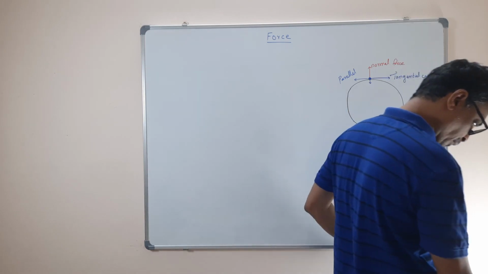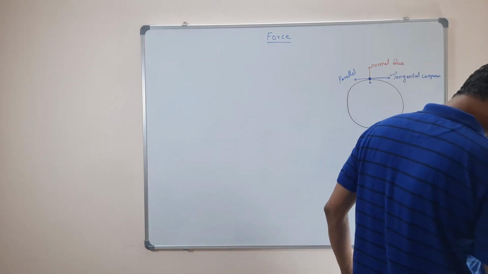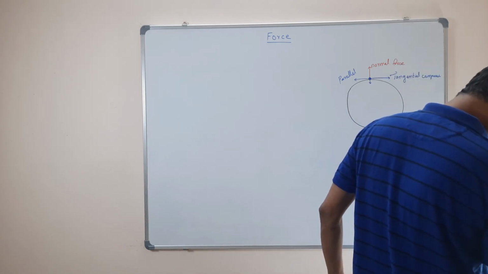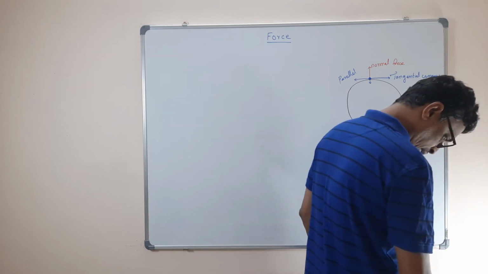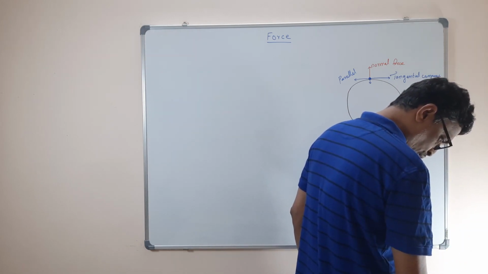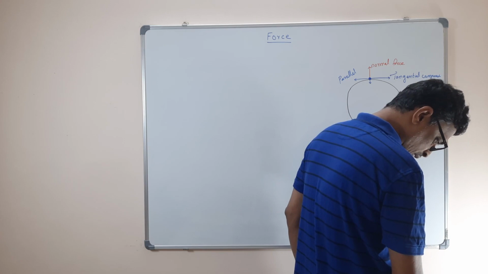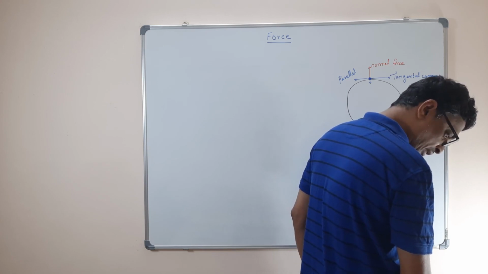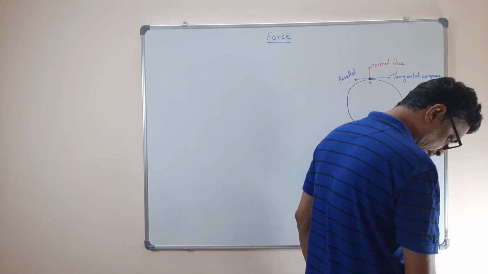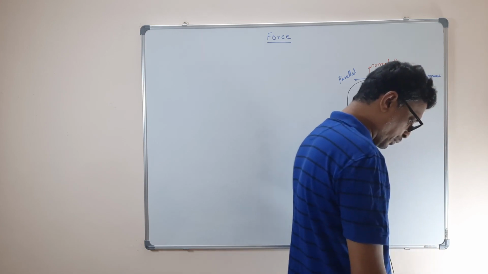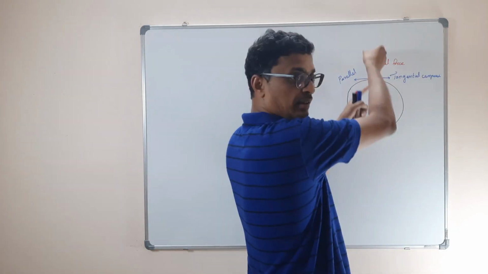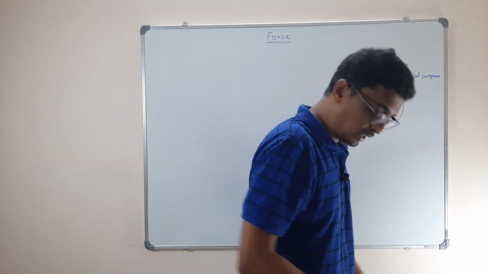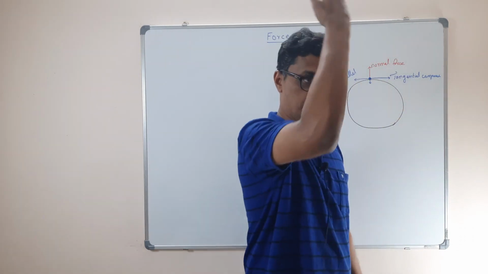You got it? Okay. In a book, it's written in a slightly confusing way. Quite often we say that two objects in contact, while exerting mutual force, try to push each other away. I am pushing the Earth down and the Earth is pushing me up.